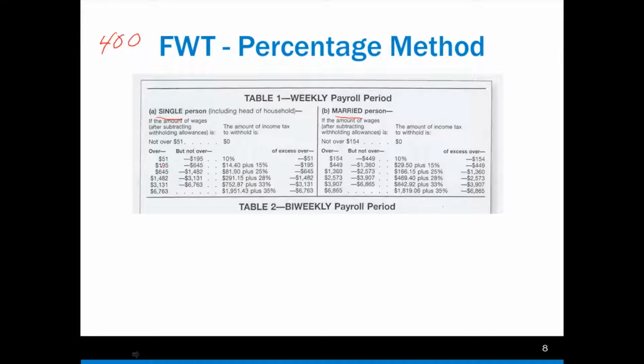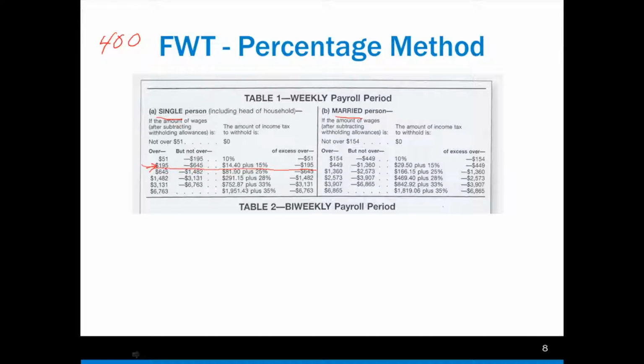So that means I would use this line, because my $400 is over 195 but not over 645.